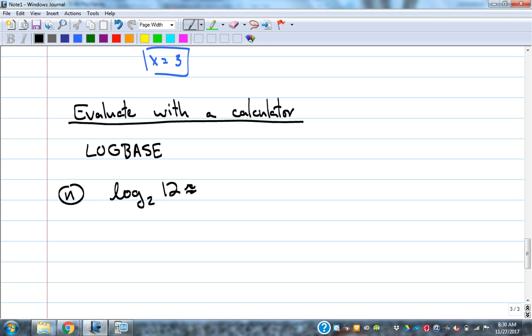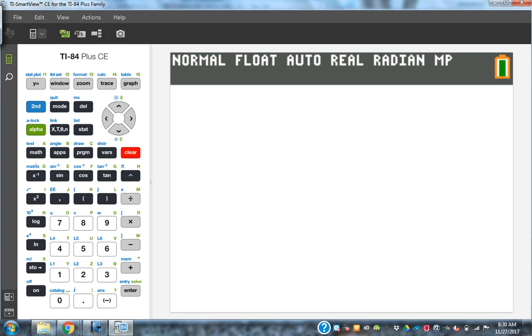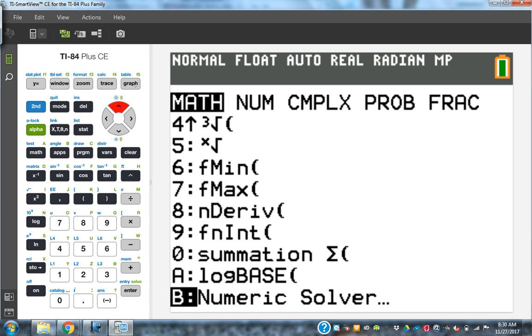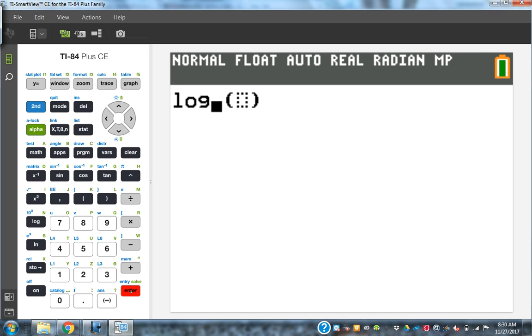So to do that with the calculators, a couple of different ways. I'm going to show you. The first way is with the log base function, which you get by hitting the math button and then the up arrow. And you see that log base there? Hit enter. You should get something looking like that if you've got a TI-84.